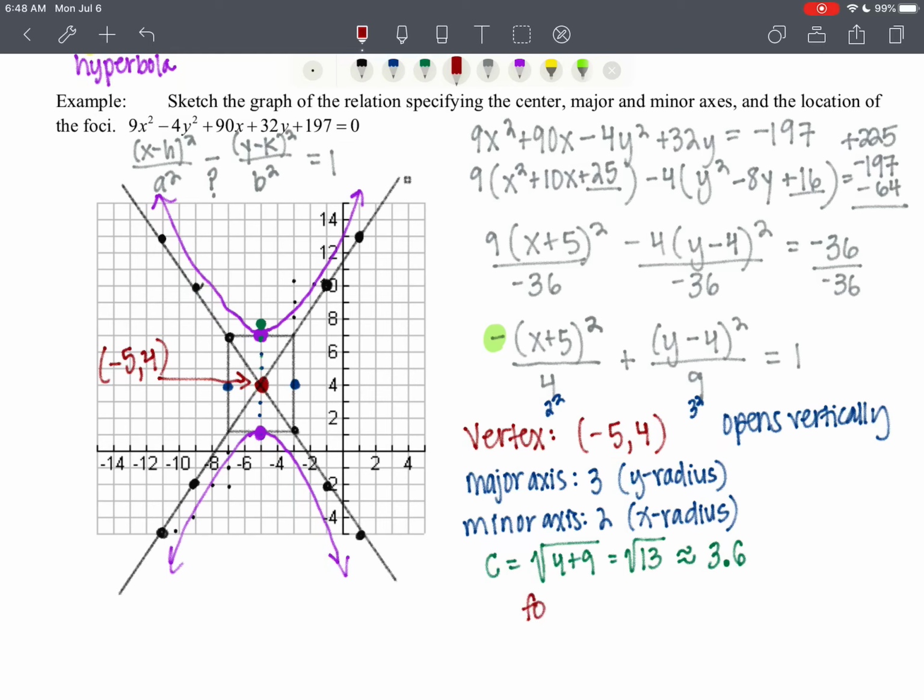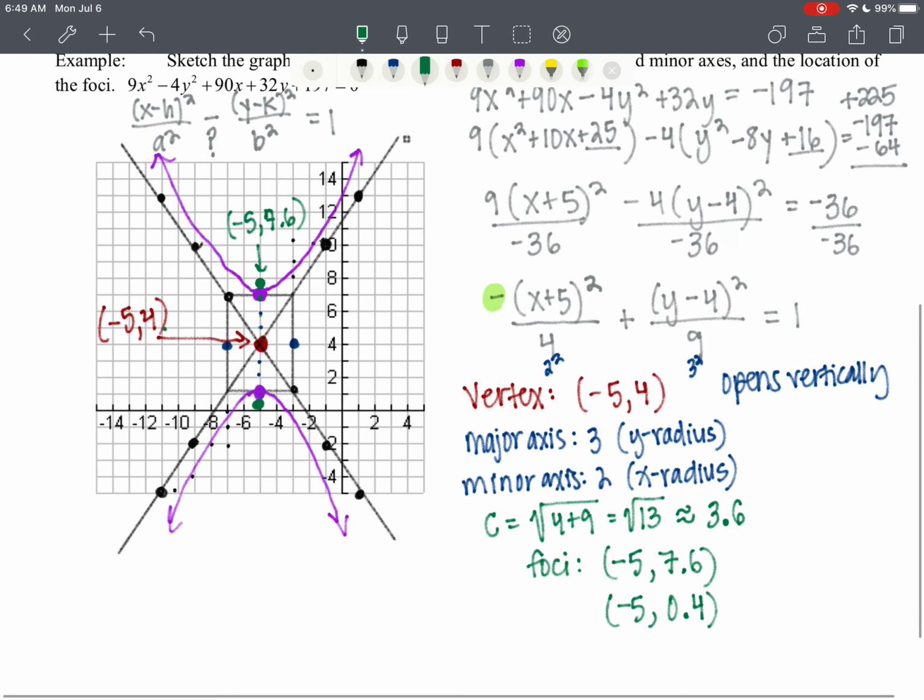So I'm going to have, let's make this green, foci at still negative 5, but 4 plus 3.6 is 7.6. So negative 5, 7.6, and negative 5, and then I'm going to take 4 and subtract 3.6, which is going to give me 0.4. And that is our hyperbola.